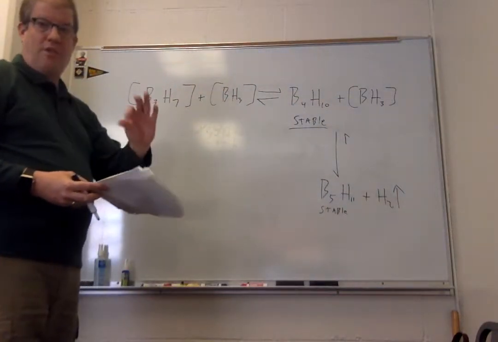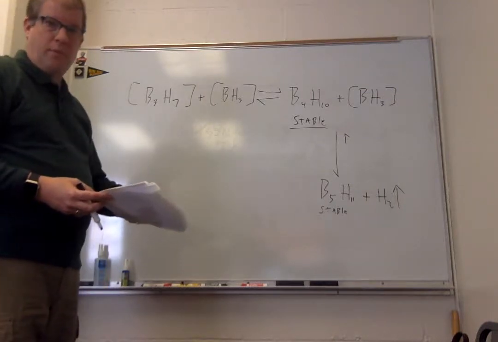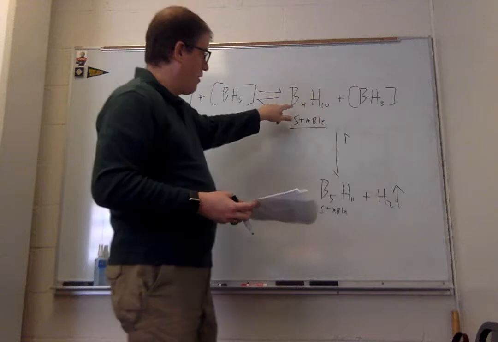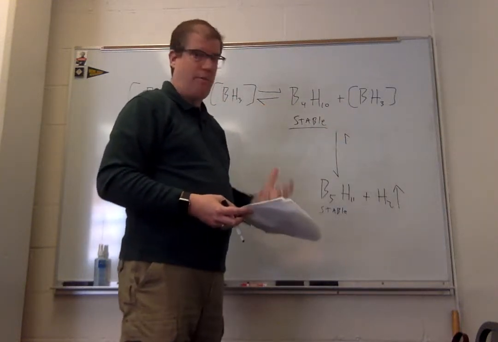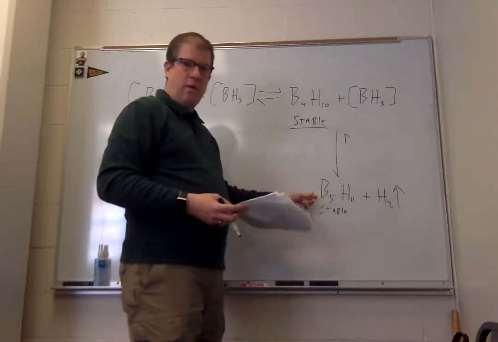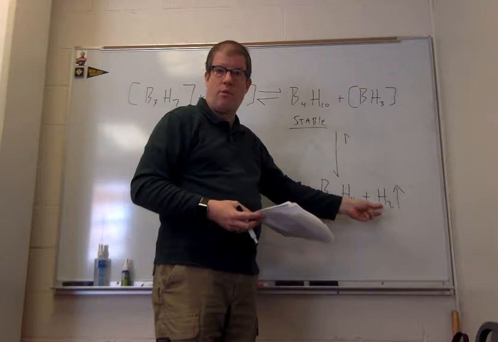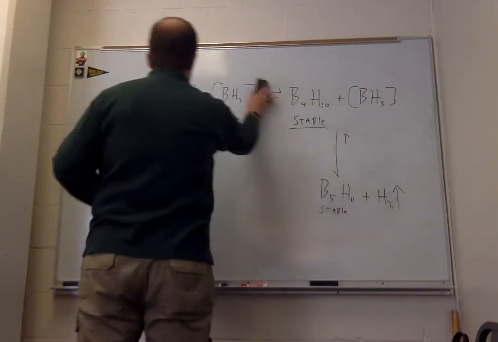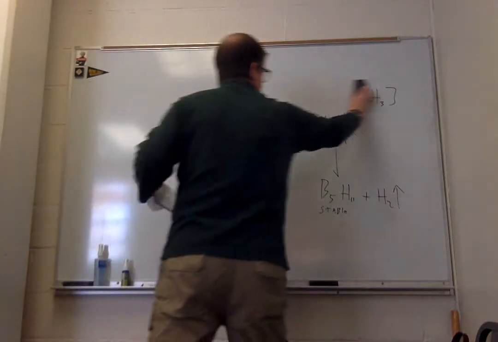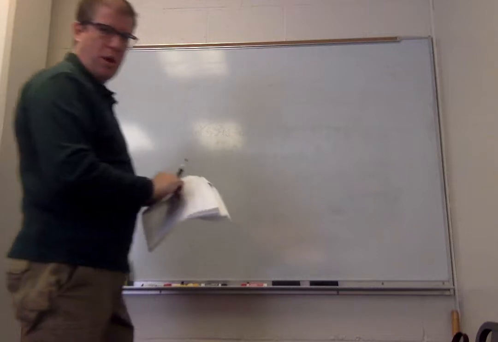So the aggregation steps, if you will, from a stable thingy to another stable thingy involve the reaction of a stable cluster with BH3 in its monomeric and active form to give you a larger molecule, and this is almost always accompanied with hydrogen extrusion, H2. So, without going through all the tedious details, buildup can continue.